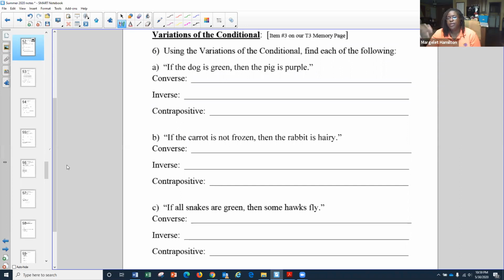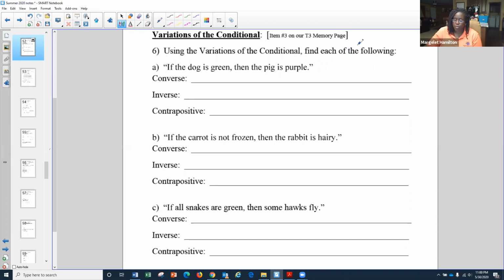So with our variations of our conditional, we also wanted to make a little note, some observations, something that we have to really pay attention to that's also going to be on our memory sheet. Lots of things are going to be going on with this conditional statement.